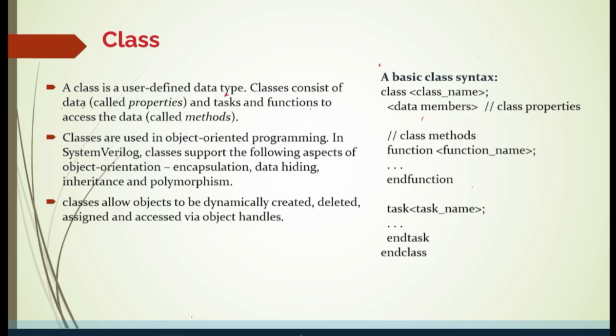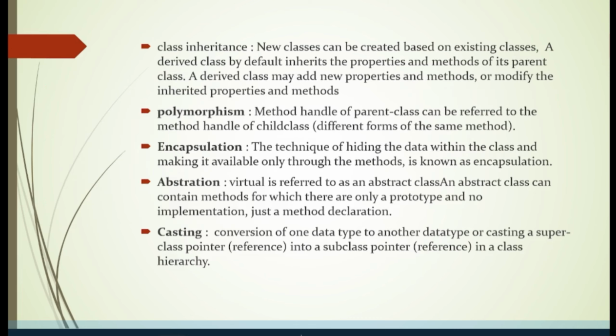These reusable properties will come from classes. Classes have four important properties, which are inheritance, polymorphism, encapsulation and abstraction. With the help of these four properties, classes become dynamic in nature.